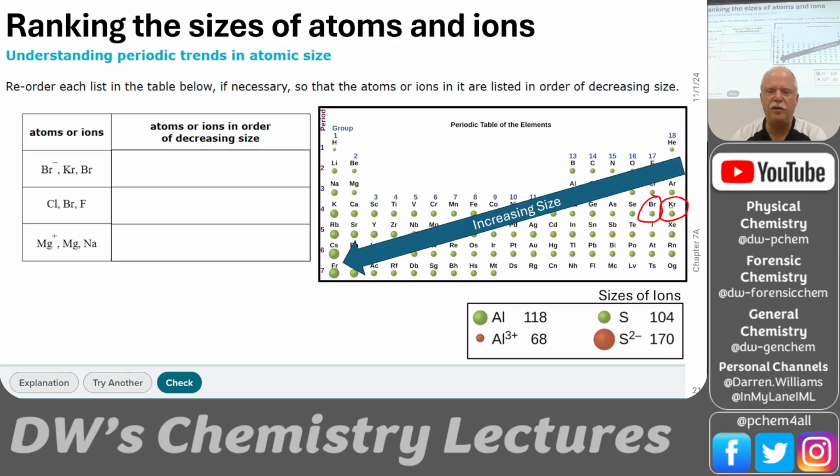So bromine's bigger than krypton, and then bromide, Br minus, is bigger than bromine. So this should be Br minus, and then Br, and then Kr. Does everybody agree with that? You see increasing size going to the left. So bromine's bigger than krypton.